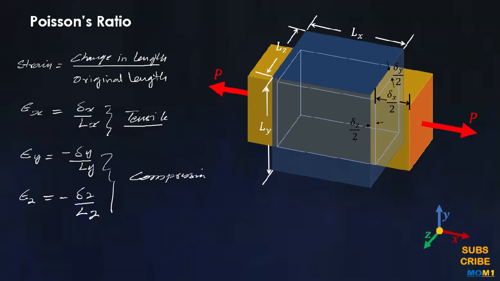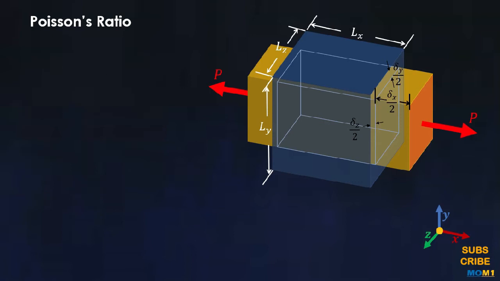Further, the strain produced along the lateral axis is proportional to the strain along the longitudinal axis, as epsilon y is proportional to epsilon x and epsilon z is proportional to epsilon x.